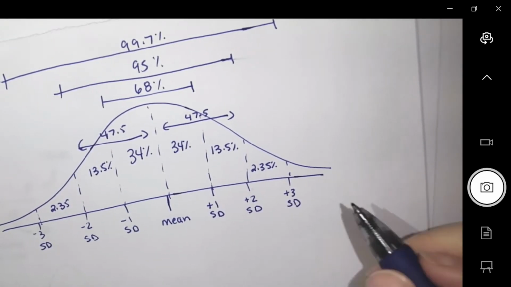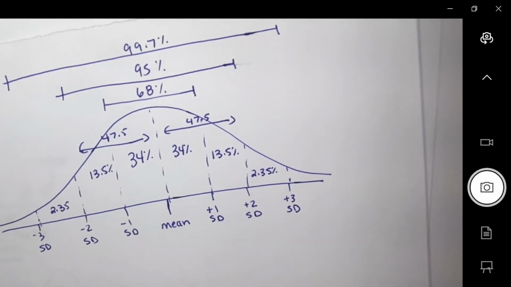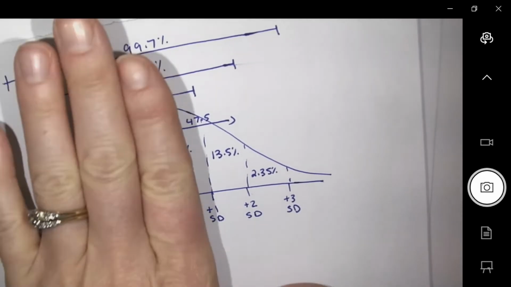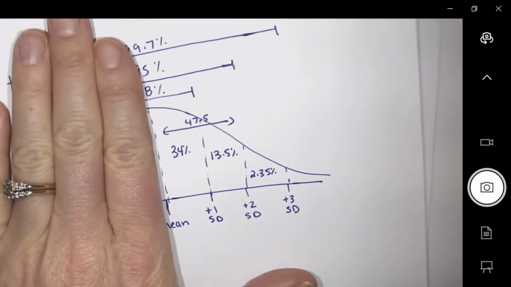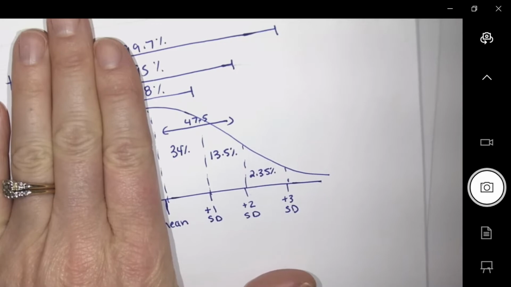Then the little tiny tails, I'm going to call them tails. There's a little bit left. There are a few people that get to be in that extreme zone, either extremely good or extremely bad. How much do I need on this half altogether? What should the whole half add up to be? 50. So what do you already got?